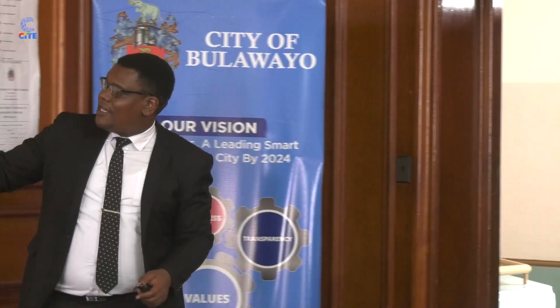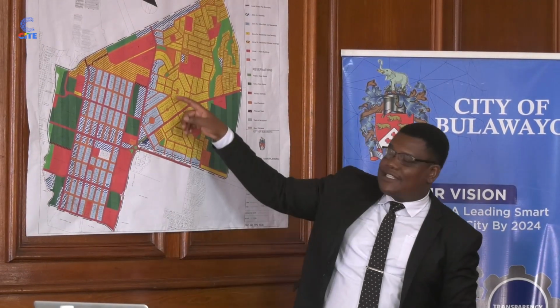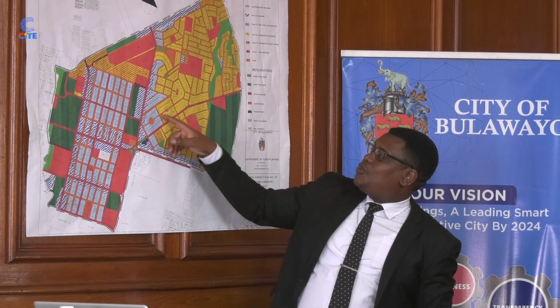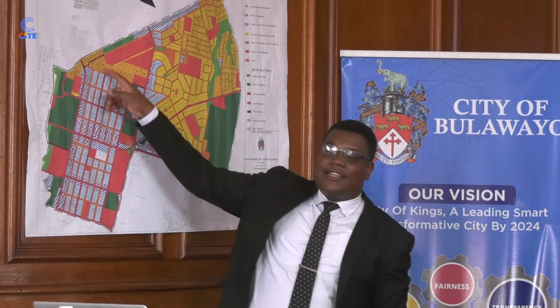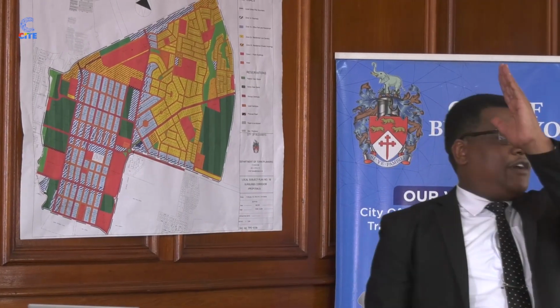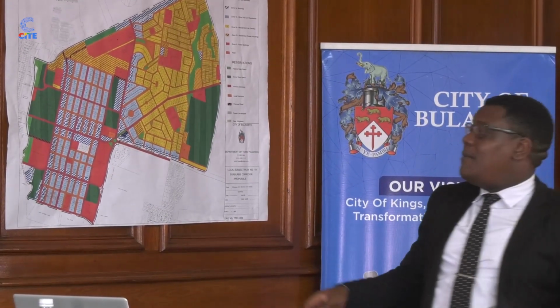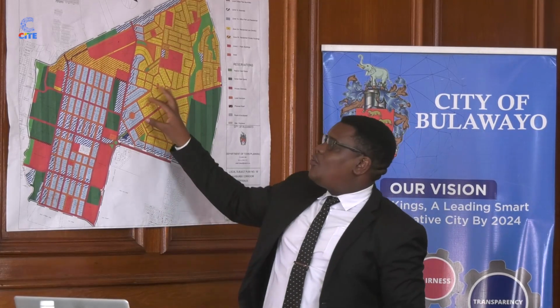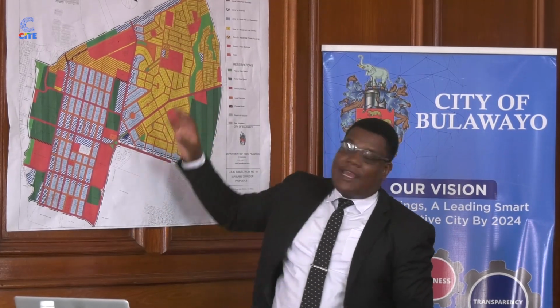What I mean is, it has grid irons in terms of streets. Unlike these other streets which don't have a particular order, which is like the CPD. When you enter the CPD, you would note that you go straight until you arrive where you are going, whether it's an avenue or a street. But with our suburbs, like Khumalo, it's not the same in terms of our access roads. Let's move to the next opportunity.